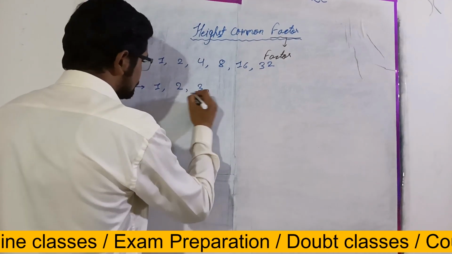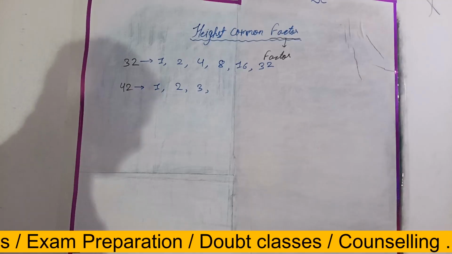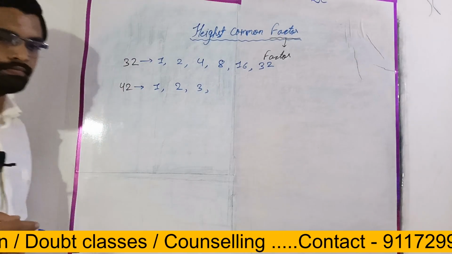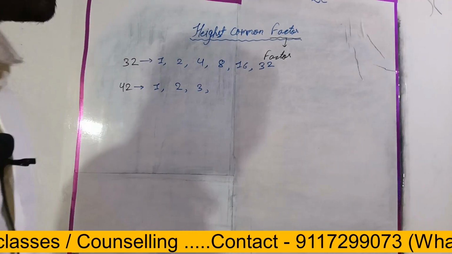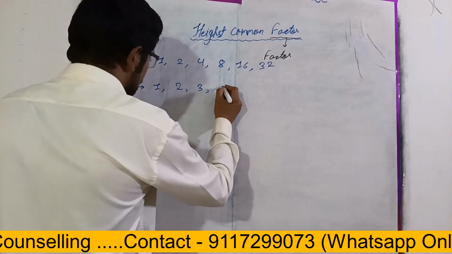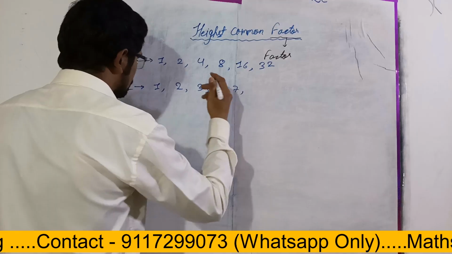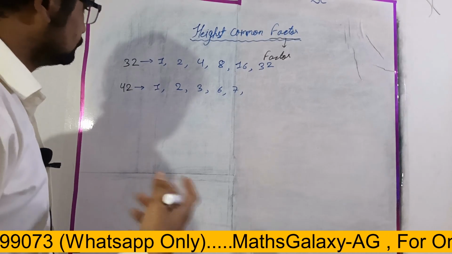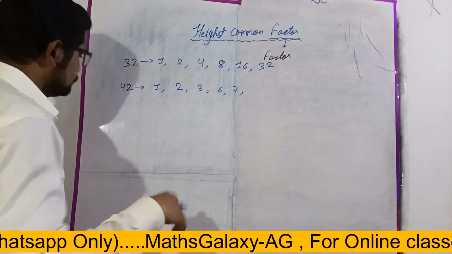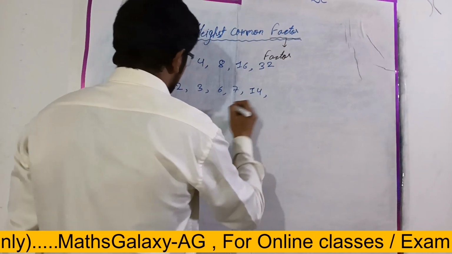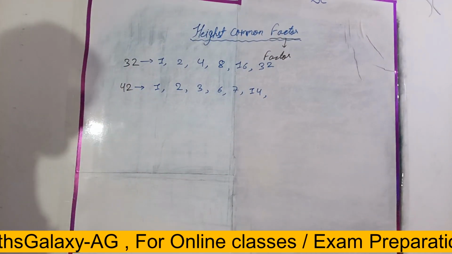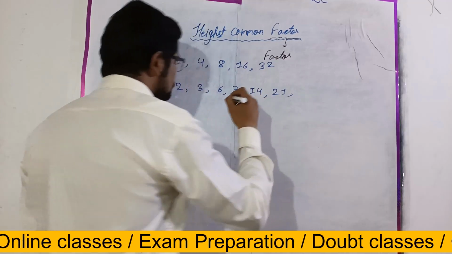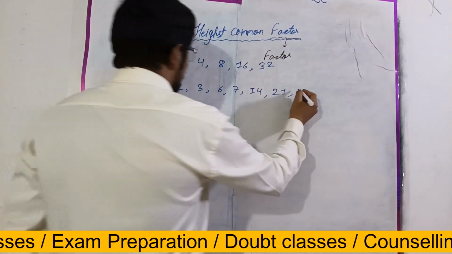Then 4, no. 5, no. 6, yes. 7, yes. 8, no. Then 14. 14, very good. Next, 21. 21, very good. And the last one, 42. 42, same, right?